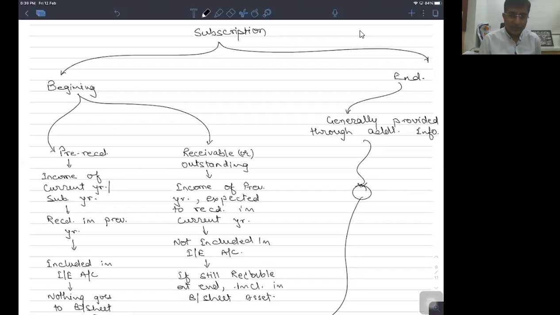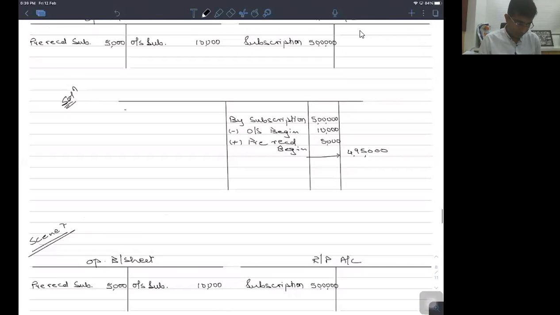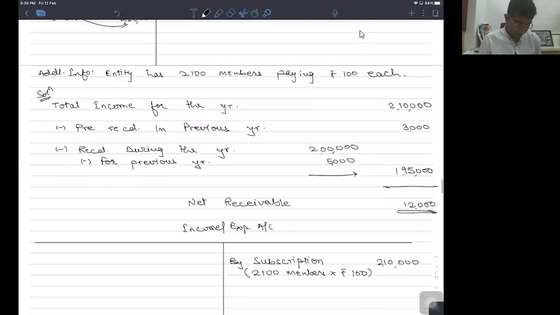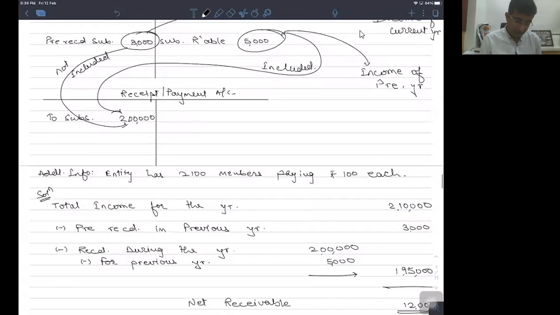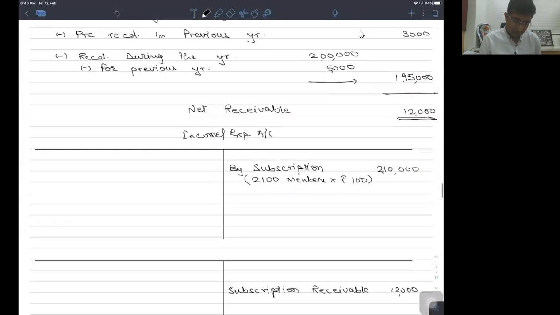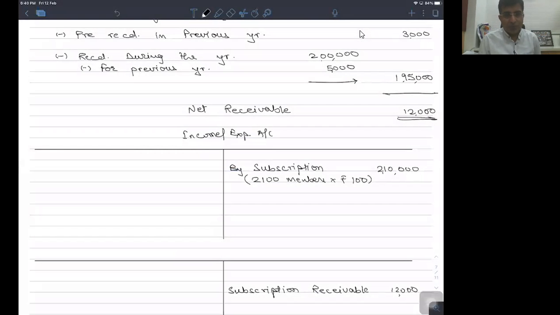But in scene 5, then 3,000 should be included in income and expenditure account. Scene 5, we did it, na? अरे बेटा इनकम एंड एक्सपेंडिचर अकाउंट में तो मैंने पूरे 2,10,000 दिखाए ना. That 2,10,000 already include 3,000 rupees or not?